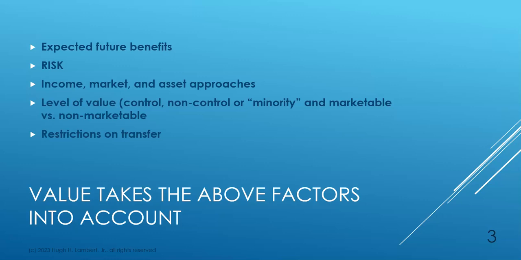The marketable versus non-marketable has to do with how quickly can you turn your investment in a business into cash. How quickly can you sell it and get cash for that interest? Well, if anyone here has invested in publicly traded companies, you know that if you decide to sell a stock that you own, your cash is in your account within 2 to 3 days.